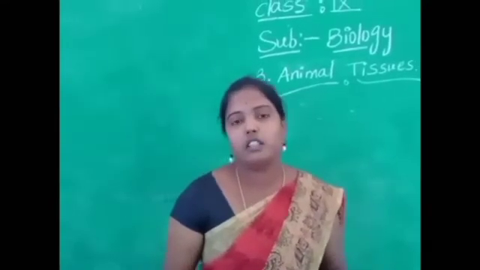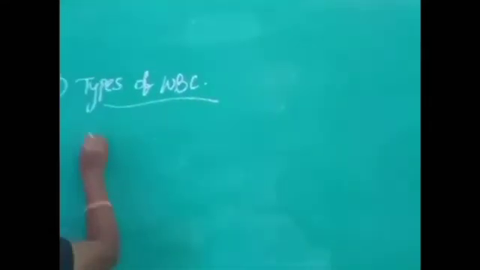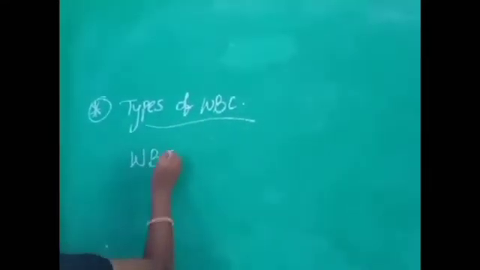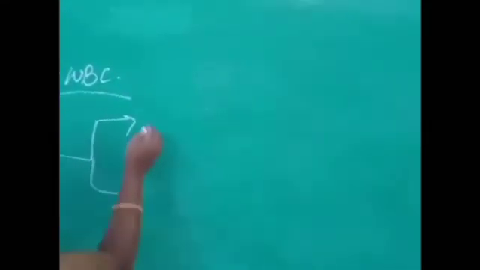Okay children, now coming to our topic, types of white blood cells. The white blood cells are classified into how many types? 2 types.